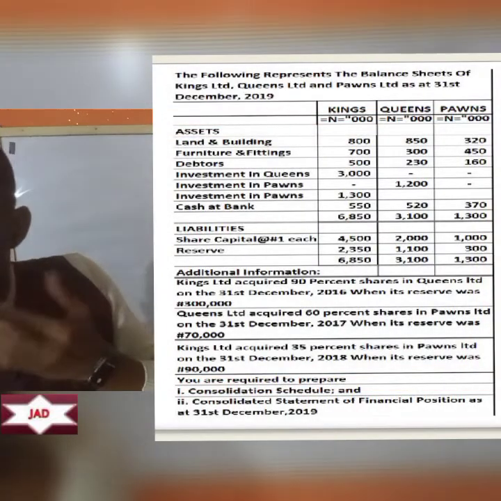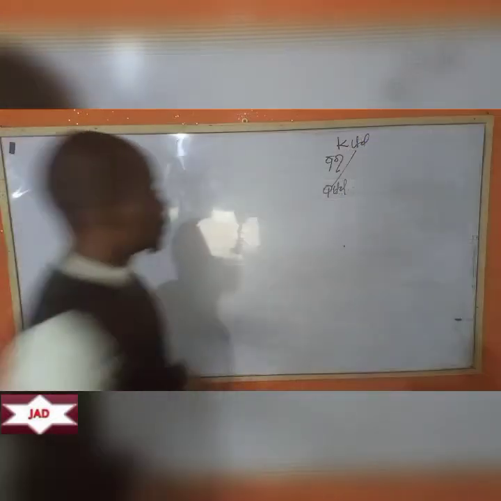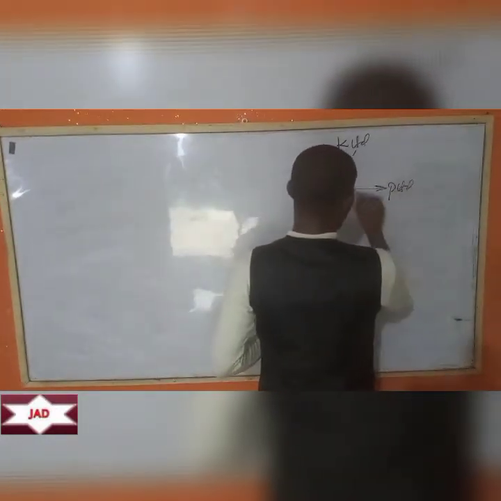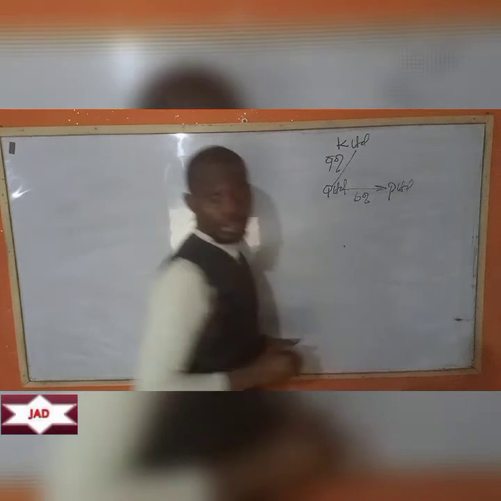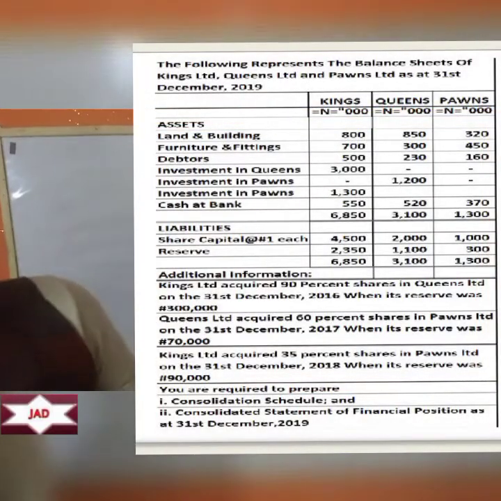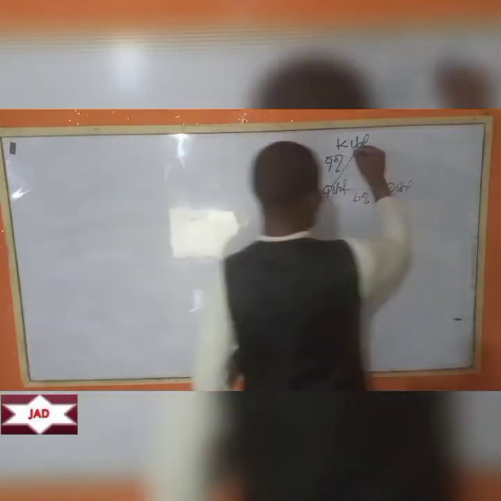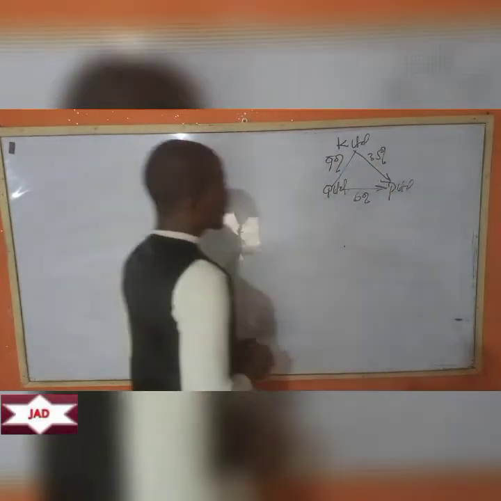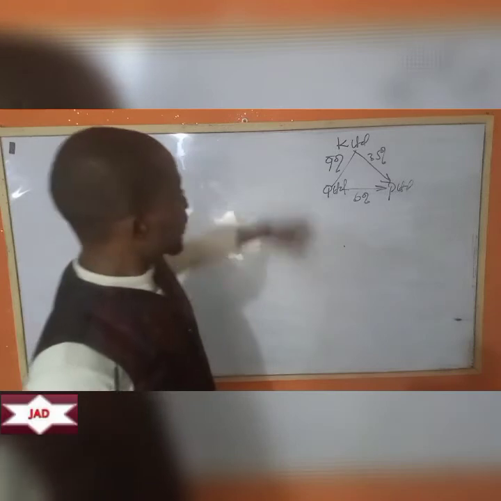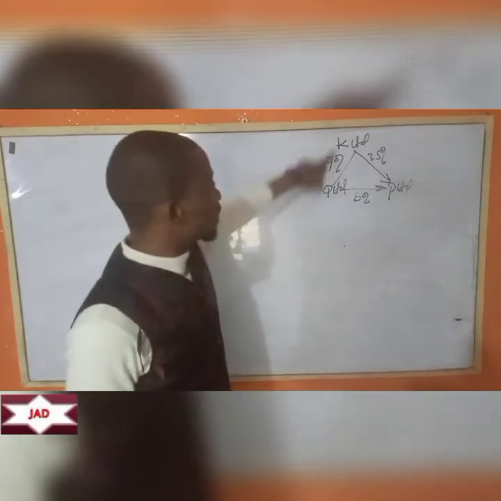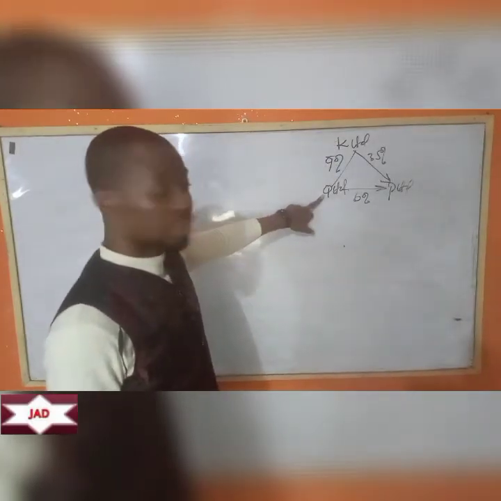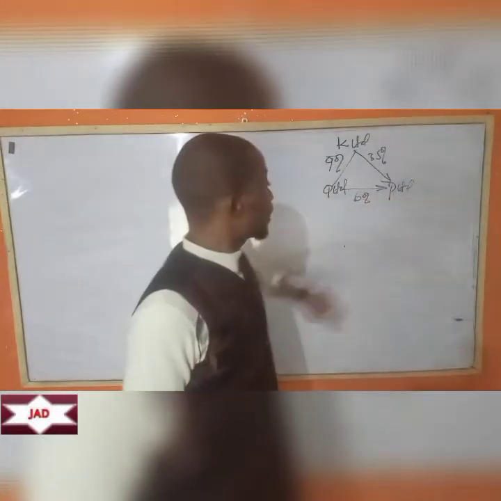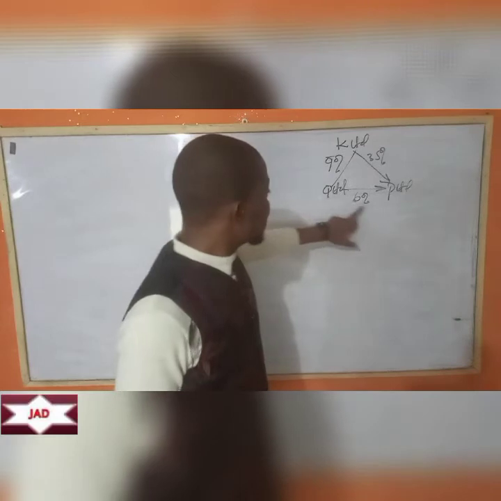Then Queens has 60% in Pawns, and Kings has 35% in Pawns. So you can see that Kings Limited has 90% in Queens Limited, Kings has 35% in Pawns Limited, and Queens has 60% in Pawns.